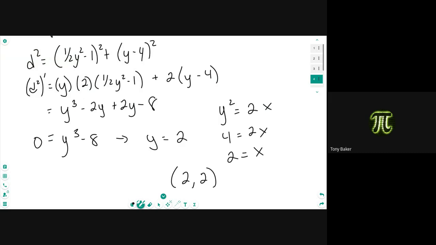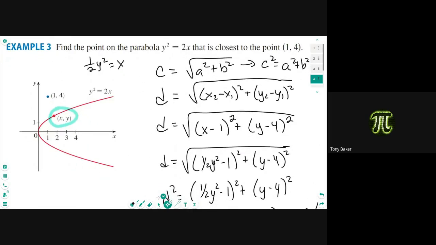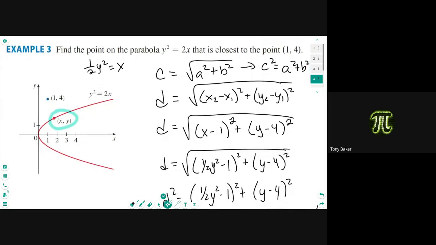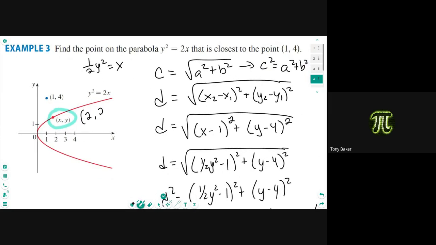And since the domain for this problem is all real numbers because of the original function, we don't have to check the endpoints. And that's how scientists figure out when things are going to hit us.